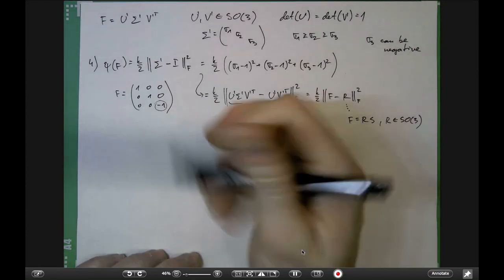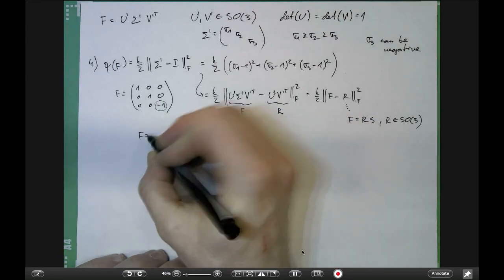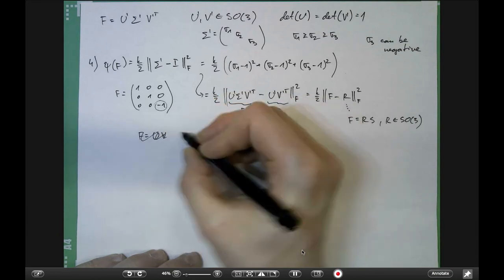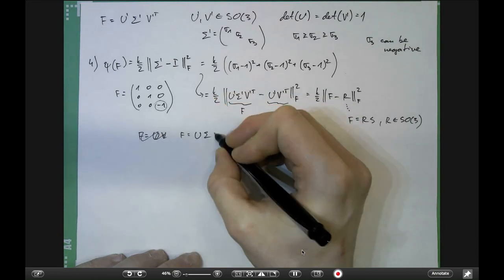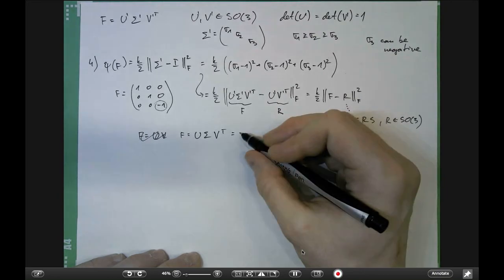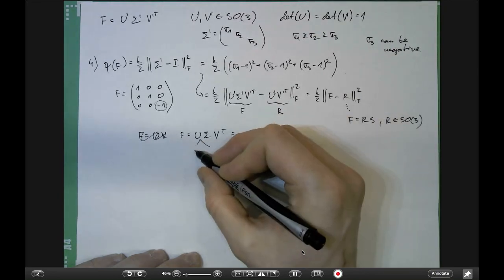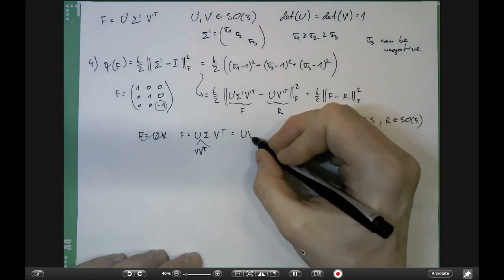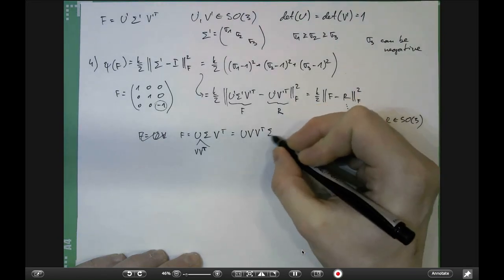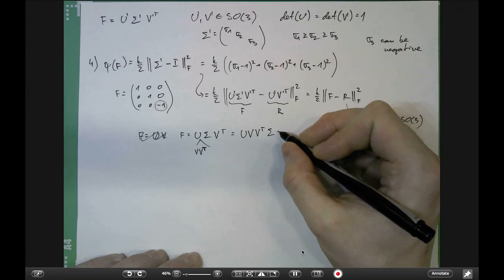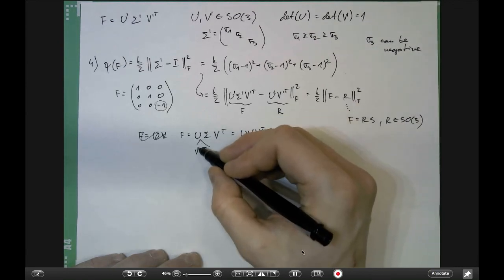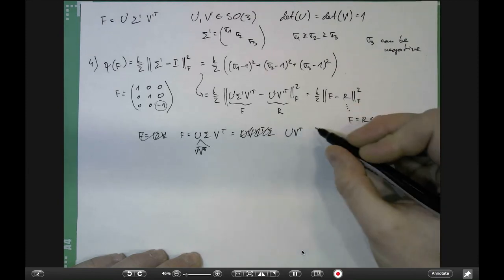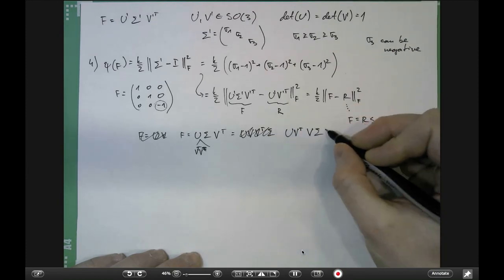The other way you can look at it is if I write the SVD, U sigma V^T, I can just stick in here V V^T, right? So that becomes U V V^T sigma. I want to stick there V^T V. So it becomes U V^T V sigma V^T.